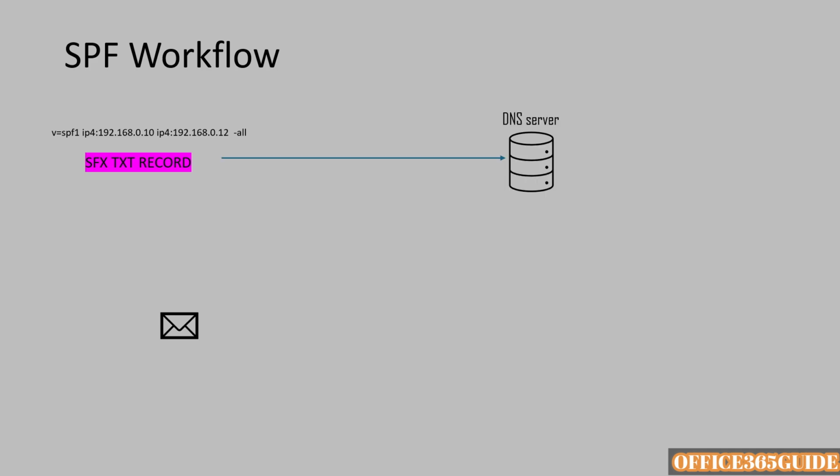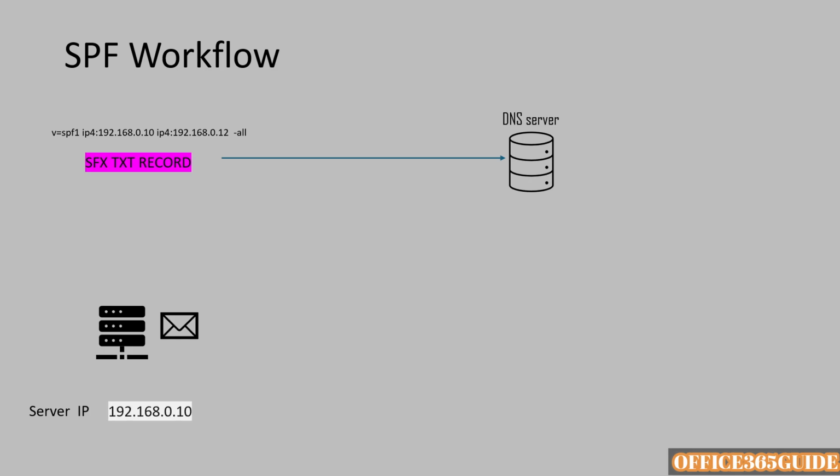Let's understand the SPF workflow, or how the recipient server identifies the SPF record. Let's say that this is my SPF record. I have an IP, actually two IP addresses, and I have defined my enforcement policy as hard fail. And I will update this SPF record to the DNS server.